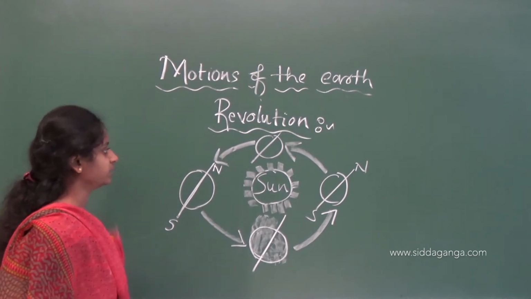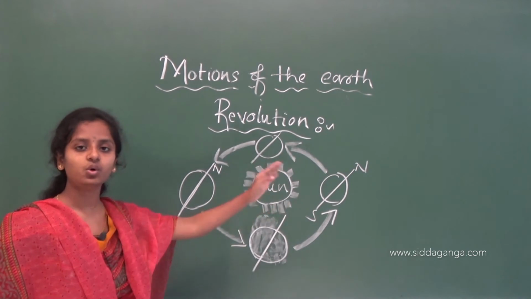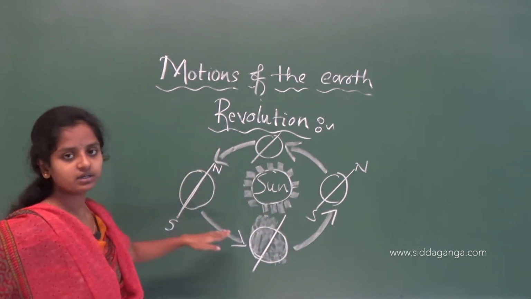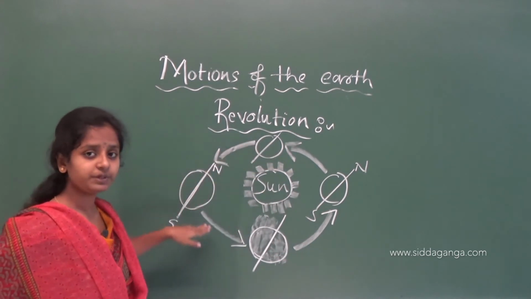Understood? Okay. So this is how the earth moves around the sun in a fixed orbit.